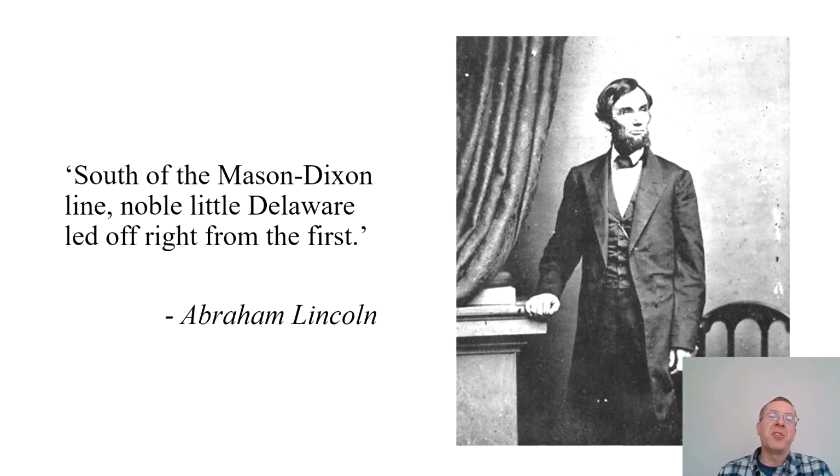So to summarize things, let's look at what Abraham Lincoln says here about Delaware in the summer of 1861. It says, south of the Mason-Dixon line, noble little Delaware led off right from the first. And Lincoln's absolutely right. They did. They stayed neutral. They did not pose any threat to the Union.